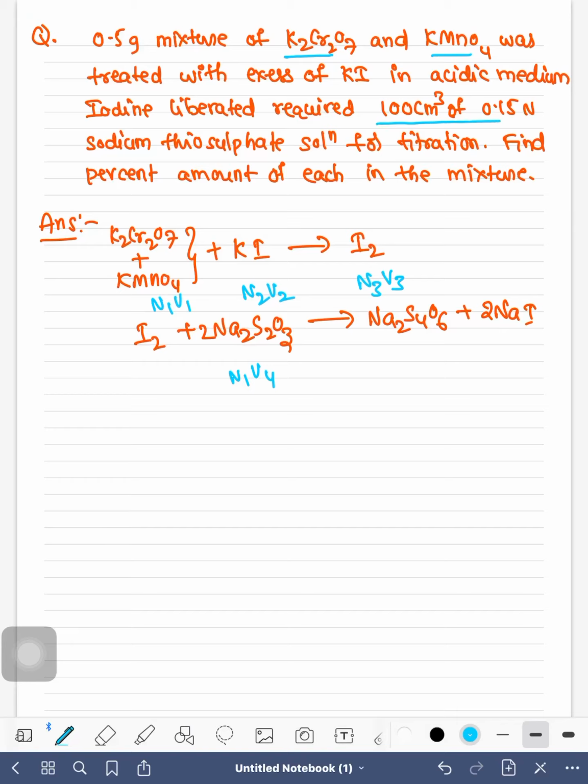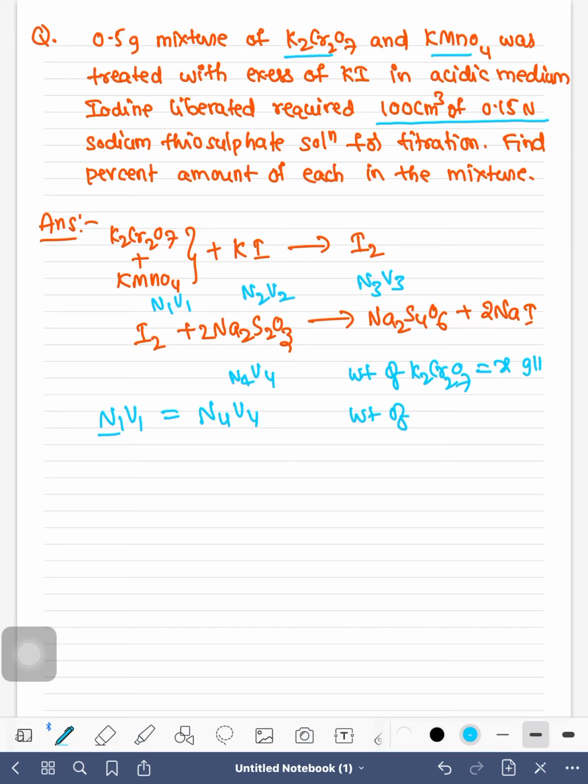Equivalence of hypo, that is sodium thiosulfate, is given. Then the equivalence of the mixture of K2Cr2O7 and KMnO4 is equal to the equivalence of sodium thiosulfate, N4V4. N1 is the normality of the mixture. Consider the weight of K2Cr2O7 equals x grams.